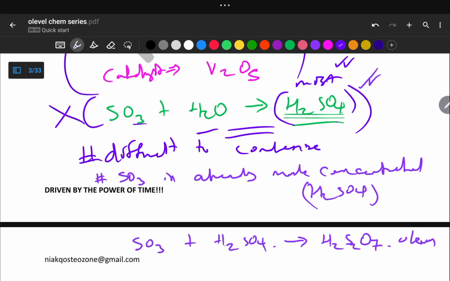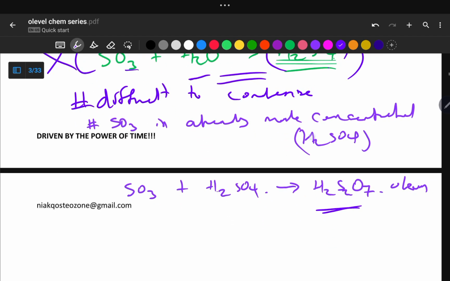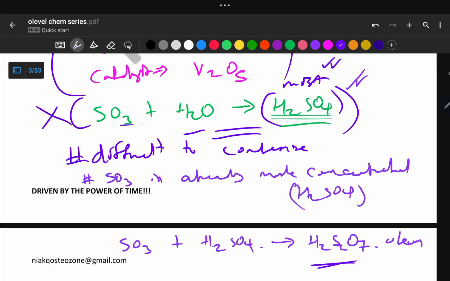To have sulfuric acid, we then dilute this oleum with water. Are we together? You must know these stages, and you must always be able to explain why we avoid this direct hydration of sulfur trioxide.